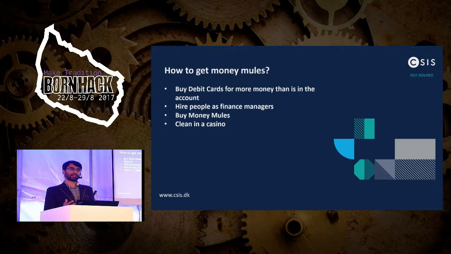And when the police try to look for who did it, they will find the student who sold his card, but not the real criminal. So this is one way to do it, but this is a fairly small money mule, and you can only transfer up to 15,000 in this particular case. In some other countries, the limit could be different.